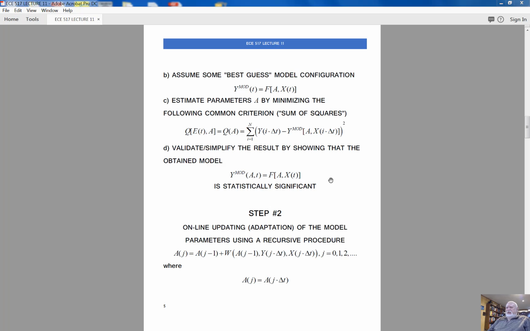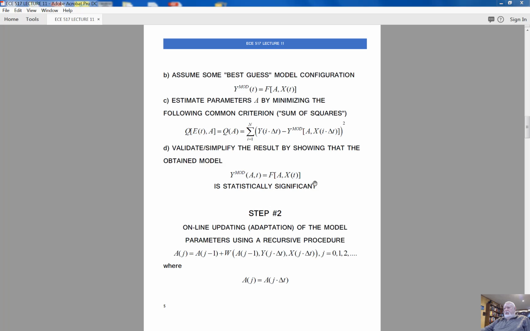And it's a special issue. It may or may not be considered in this course, but as practicing engineers, you should be looking into not only getting the model, but also into proving that this model is statistically significant, and maybe it could be simplified without the loss of statistical significance.